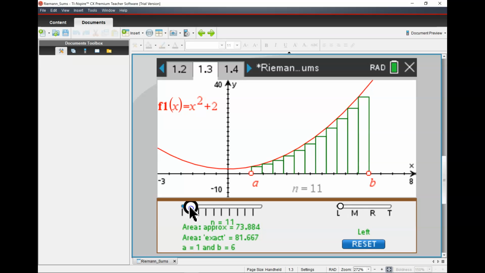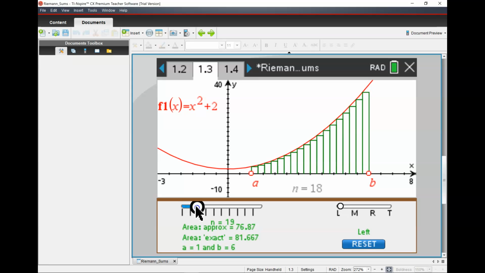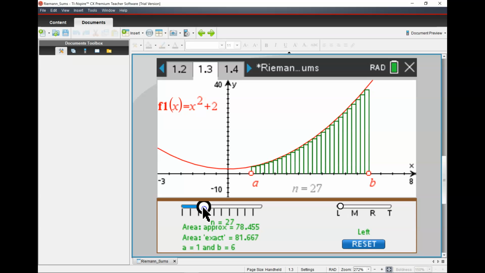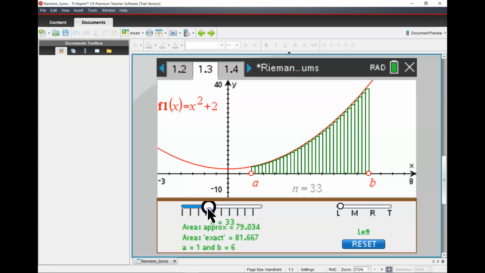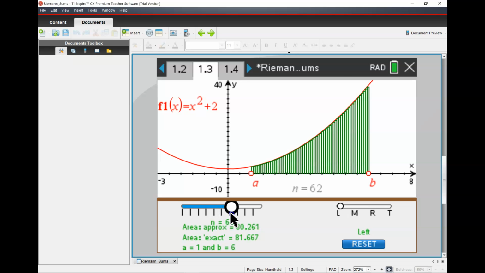If I went to 10, 11, it's getting better. If I went to 14, that's even better. 18, right? As you increase the rectangles, do you see how it's such a better approximation? As you increase, it just fills in.